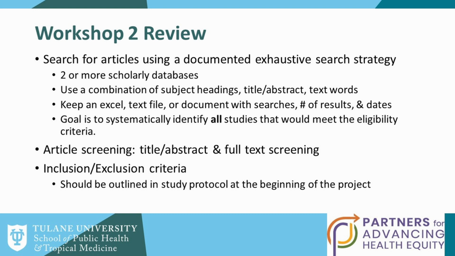So use 2 or more scholarly databases, and combine subject headings from those databases with synonyms in the title, abstract, or text word fields. You can watch the last workshop for more information about that. We recommend keeping a file to document your searches. Journals will usually ask for this information because without a documented search, your research is not reproducible. And the goal is to be exhaustive and find all studies that would meet your eligibility criteria.